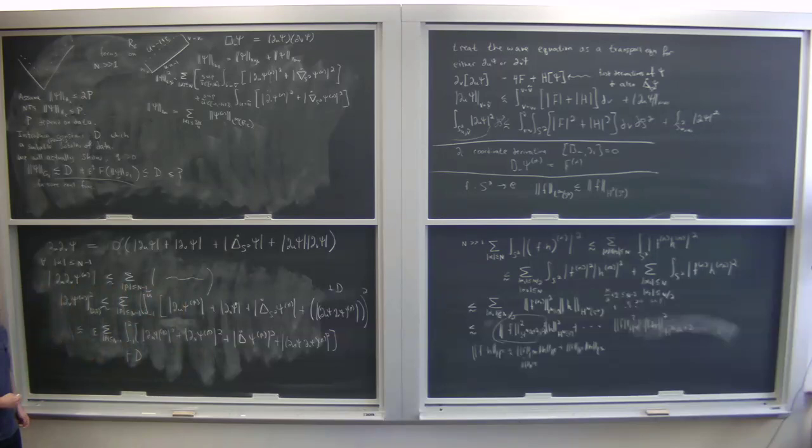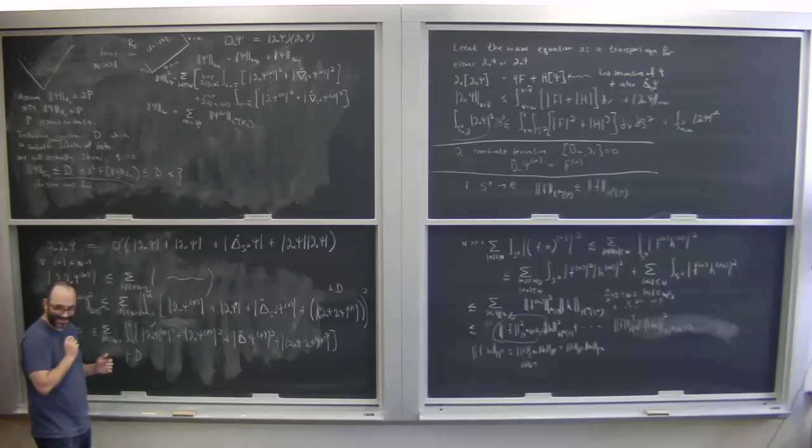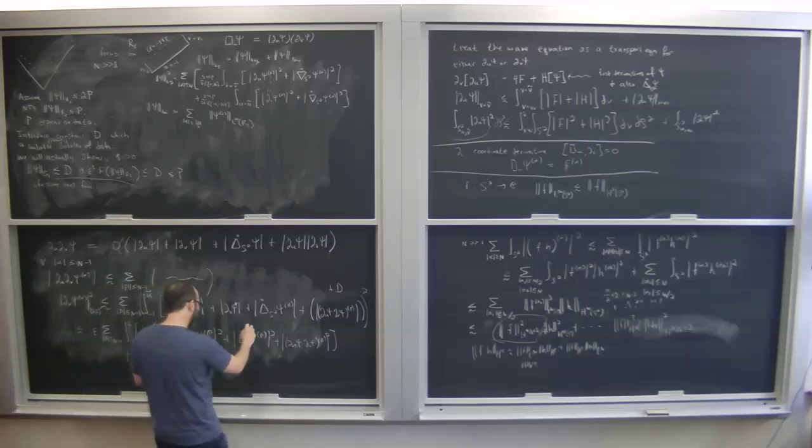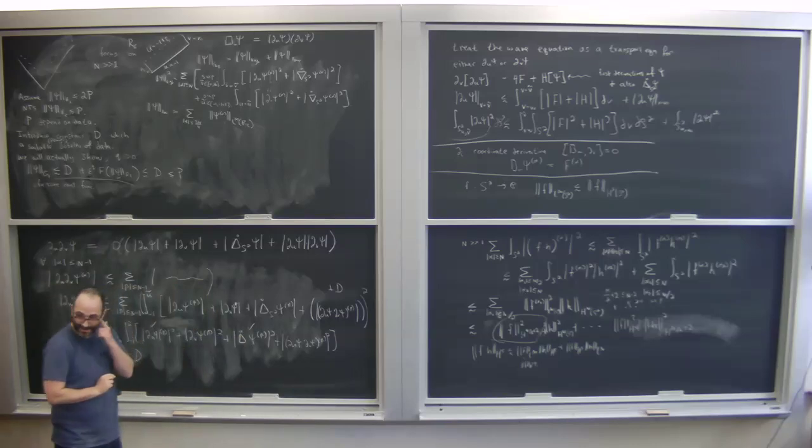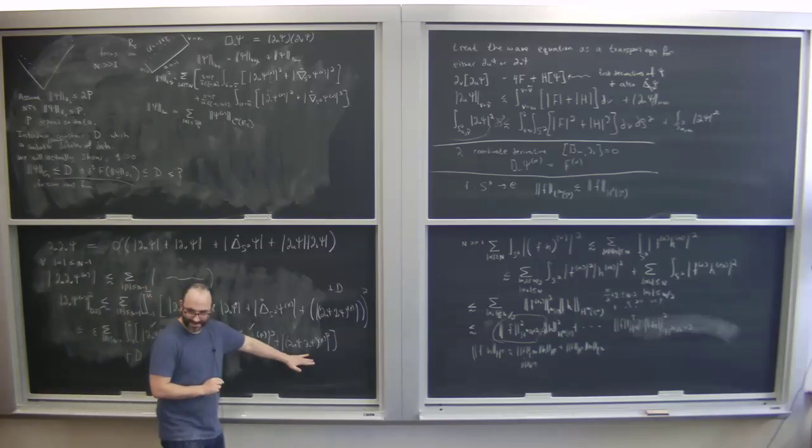So the natural fluxes that would be controlled are all the ones tangential to that. This is something that appears in my energy norm, and it appears because I was careful not to commute too much. And then we'll have to think about this one.